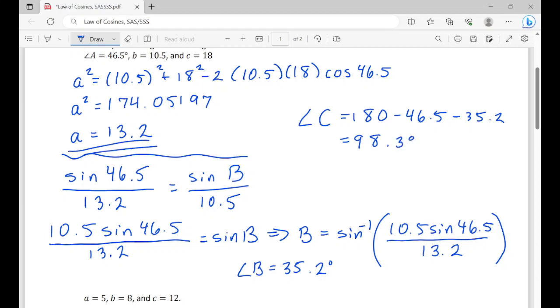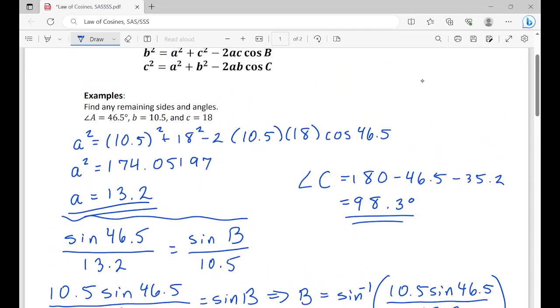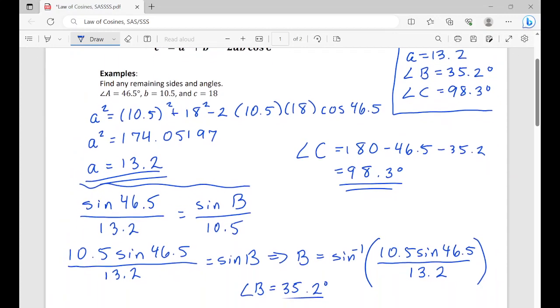So there's my remaining side A, angle B, and angle C. So put it all in one spot. A equals 13.2. Angle B equals 35.2 degrees. And angle C equals 98.3 degrees for this question here.